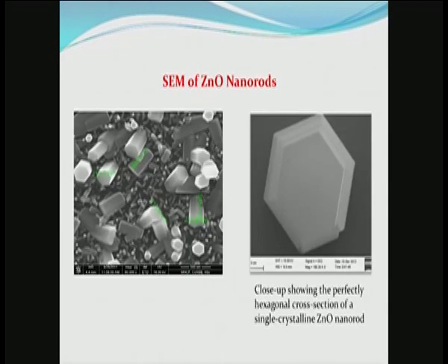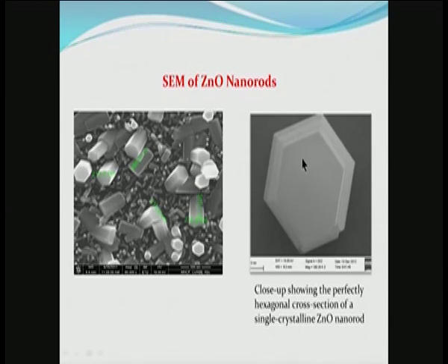As I mentioned earlier, the shape of the crystals is also important. That is a part of the characterization. What are shown here are nanorods of zinc oxide, and these are nanorods, and this is the front view of a nanorod. You can see that they have hexagonal cross sections characteristic of the crystal structure of the Wurtzite phase of zinc oxide.